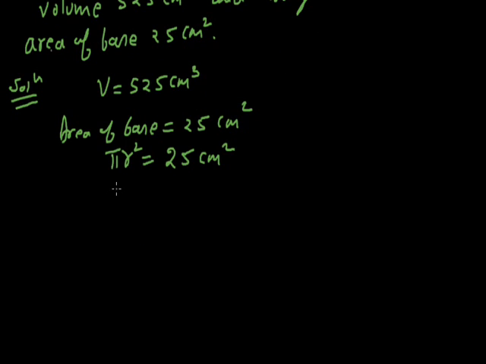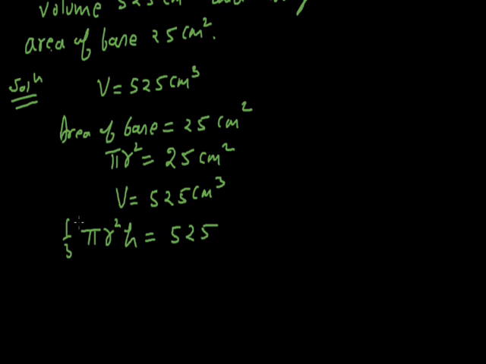So let's start. Volume is given to us, that is 525 centimeter cubic. So what is the formula of volume? That is 1 by 3 pi r square h, which is equal to 525. We know the value of pi r square is 25. Now we put the value: 1 by 3, in place of pi r square I put 25, h is equal to 525.